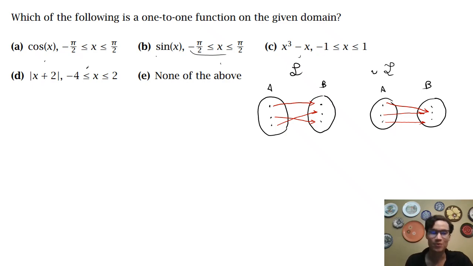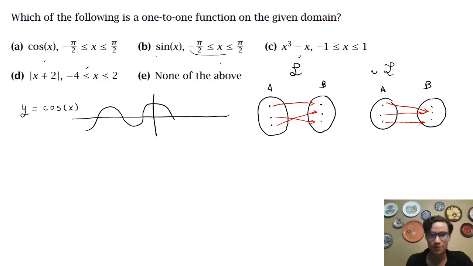Injective, very complicated word. So let's analyze one by one, starting with the function A, y equal to cosine of x. The graph of the cosine of x is something like this. It's an artistic representation of the cosine of x.